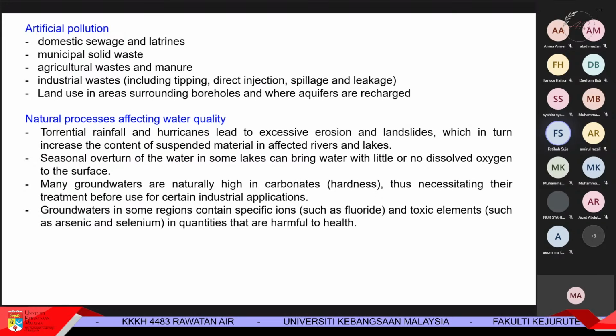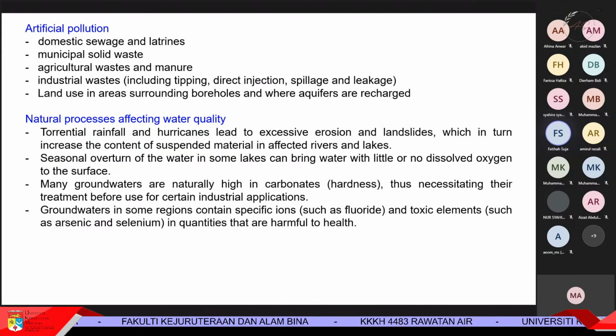And many groundwaters are naturally high in carbonates. It is hardness, something that we will carefully look into here. The hardness of groundwater necessitates their treatment before use for certain industrial applications.